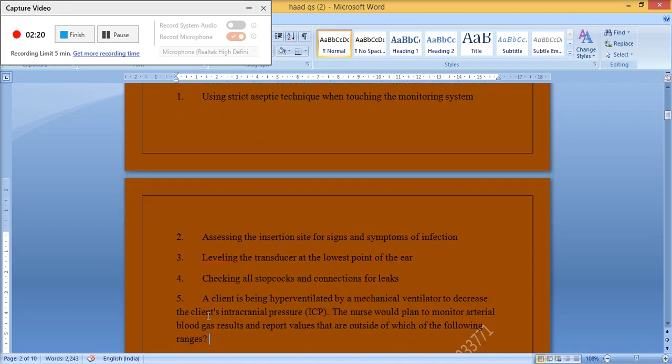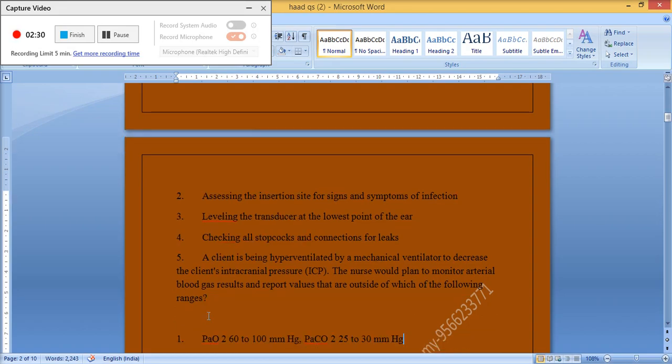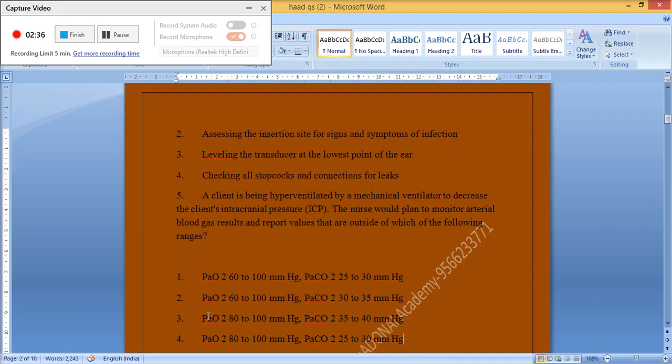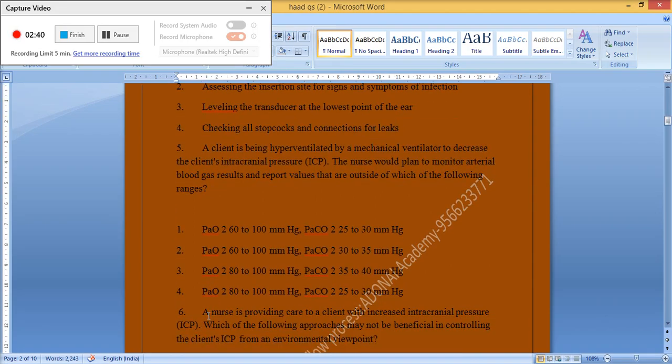5. A client is being hyperventilated by a mechanical ventilator to decrease the client's intracranial pressure. The nurse would plan to monitor arterial blood gas results and report values that are outside of which of the following ranges? 1. PaO2 60 to 100 mmHg, PaCO2 25 to 30 mmHg. 2.